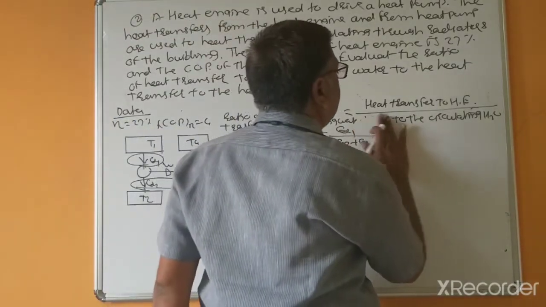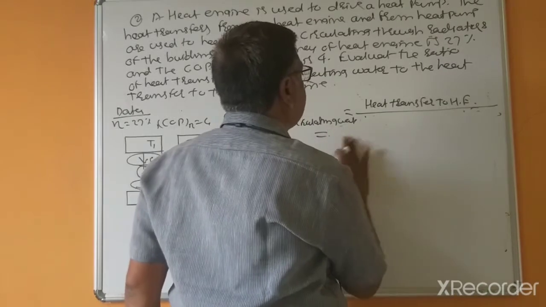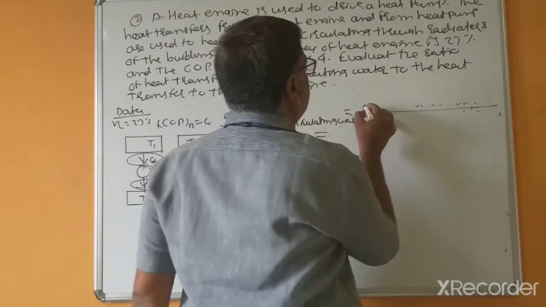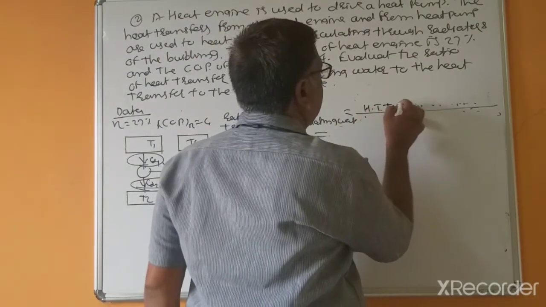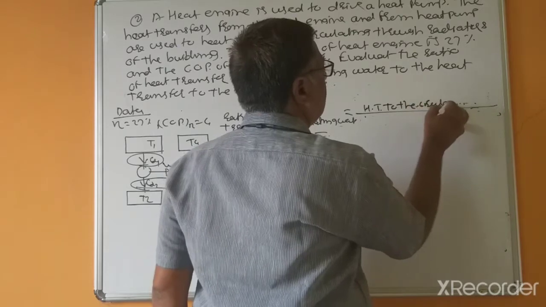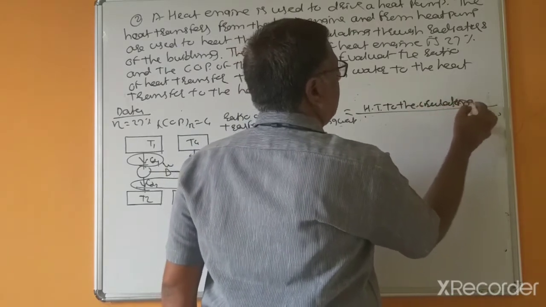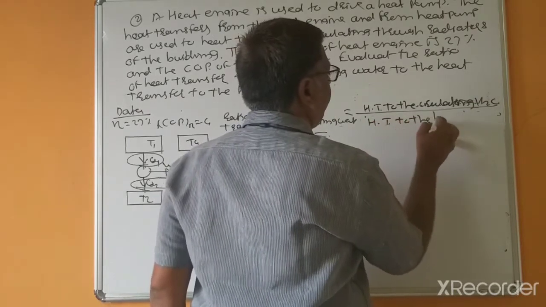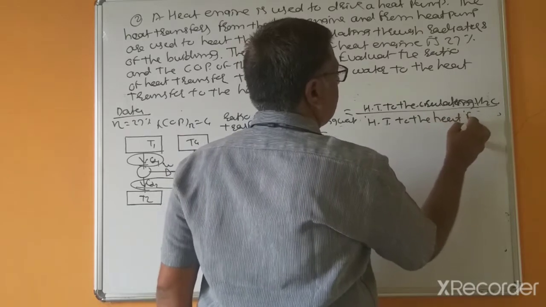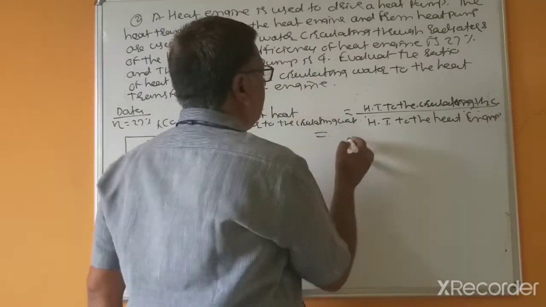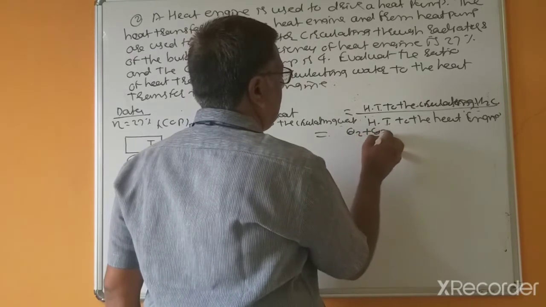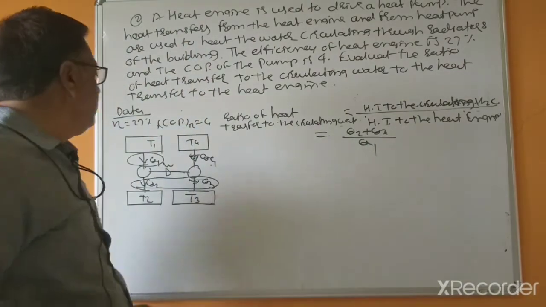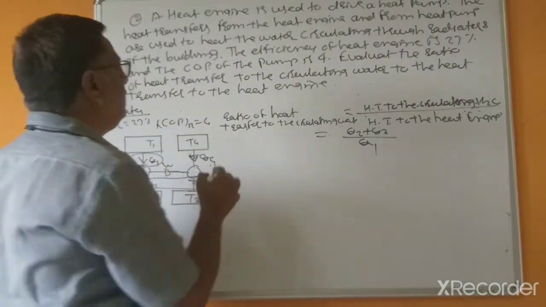So actually this ratio is changed, and this is asking for the heat transfer to the circulating water, Q2 plus Q3, plus heat transfer to the heat engine. So this is right. That's why the ratio is (Q2 + Q3) divided by Q1. Right? Now what is given as per the given data?